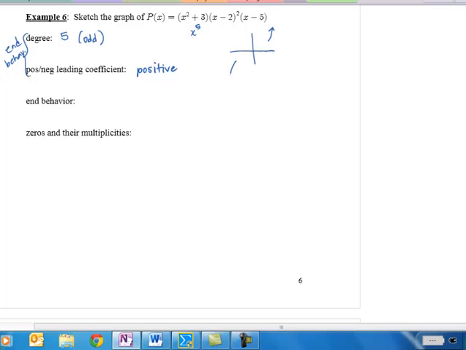So it would look like this. So on the ends, we'd say that the function is going to negative infinity as x goes to negative infinity. So as we move to the left, the function goes down, and the function is going up unbounded as we move to the right, so as x goes to infinity.